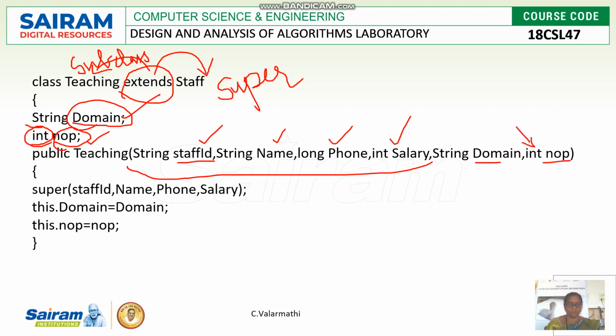Using the superclass staff ID, name, phone, salary, the constructor is called, and using the this operator it is properly assigned. Then the fifth parameter is domain, the sixth parameter is number of publications. Now it is added separately. This is about the first subclass.